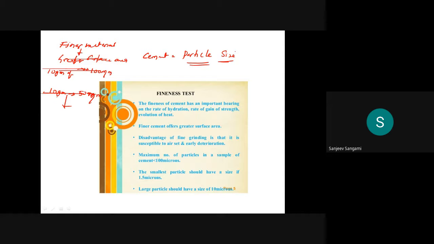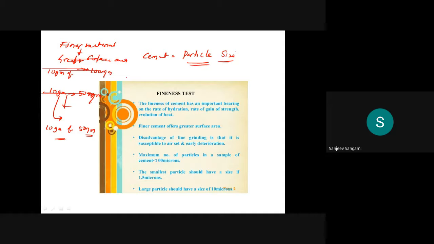And if you take 10 gram of size 50 nanometers, then the surface area will be more. So always as the particle size goes on decreasing, normally the surface area will increase.